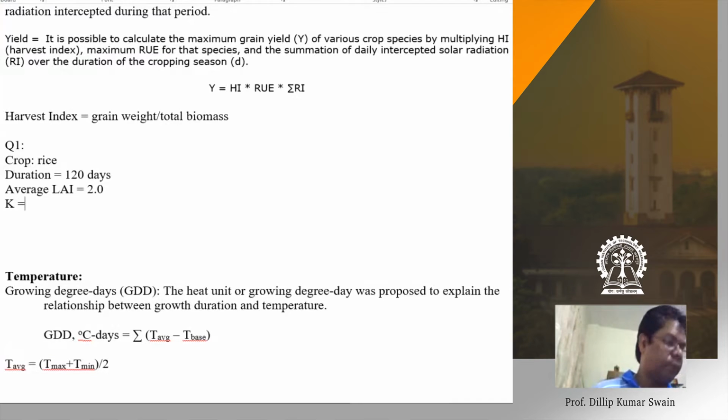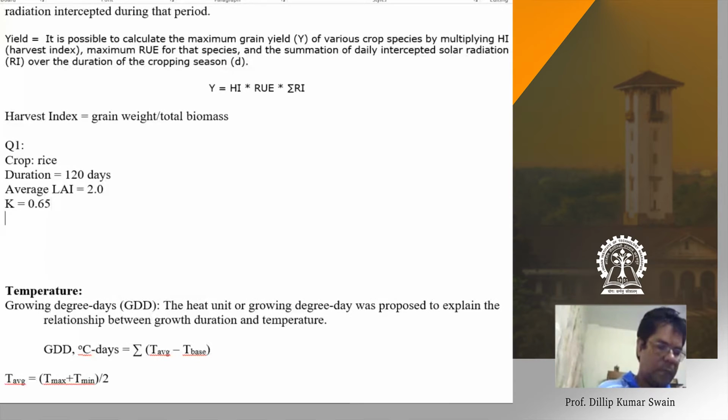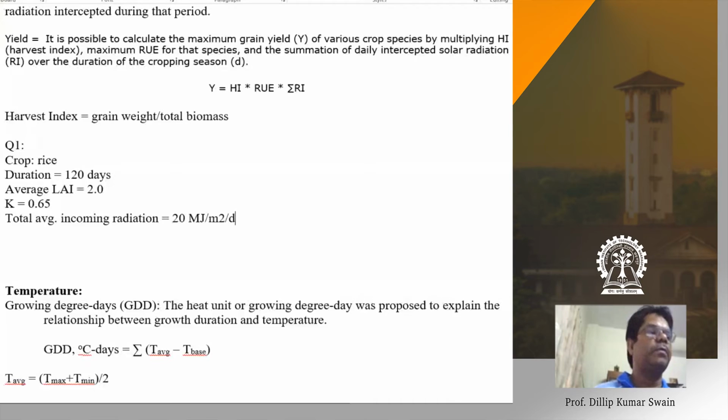And total incoming radiation. Average incoming radiation 20 megajoules per meter square per day.